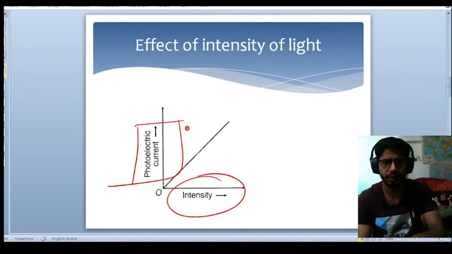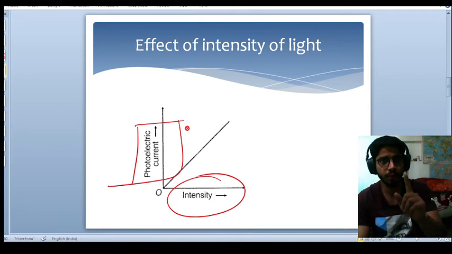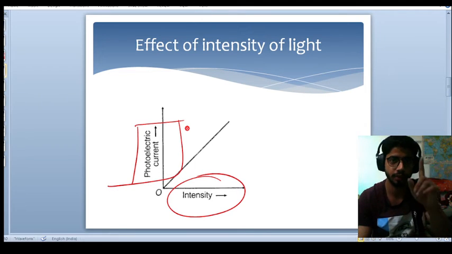Roughly, if we incident one photon with frequency greater than the threshold frequency, it is going to eject one electron.